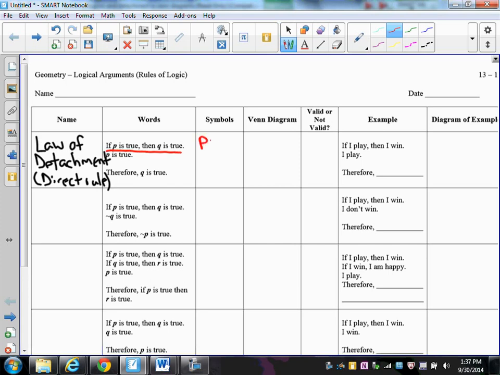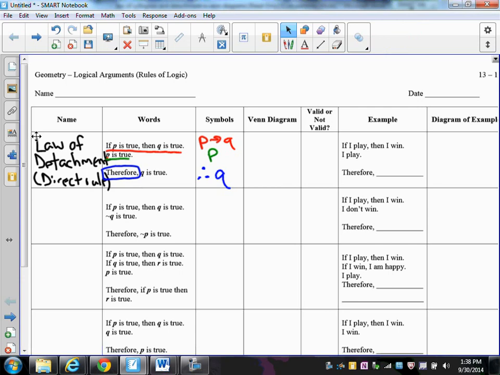So remember, that's if P, then Q. And then we just have P is true for the next line, P. And then we have this word therefore. Remember, the symbol for therefore is the three dots that make a triangle. Q is true, so there's Q. So that's just translating our words into symbols.